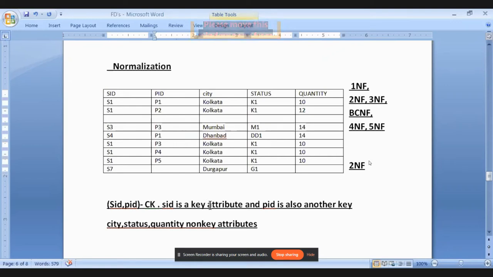Hence, I was unable to insert the information that S7 stays in Durgapur and the status of Durgapur is G1. This is meaningful information that may be required by some application, but I was unable to insert it because the supplier was not supplying any product and I could not keep the product ID as null.